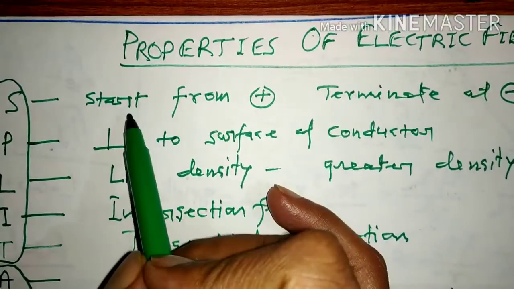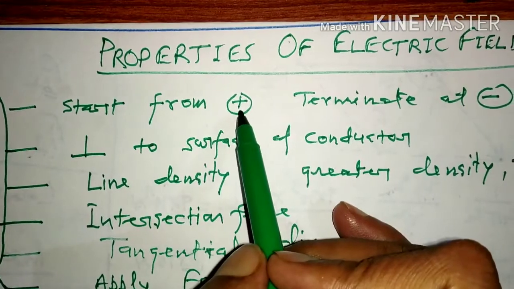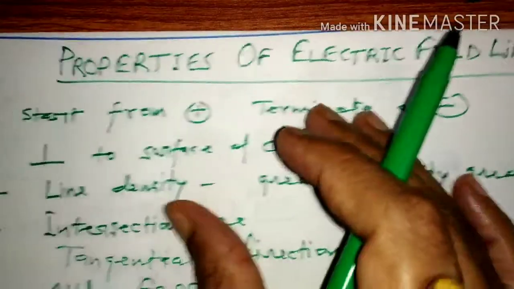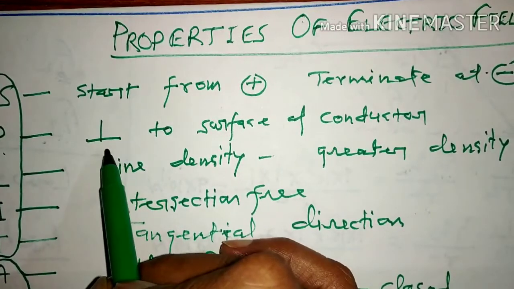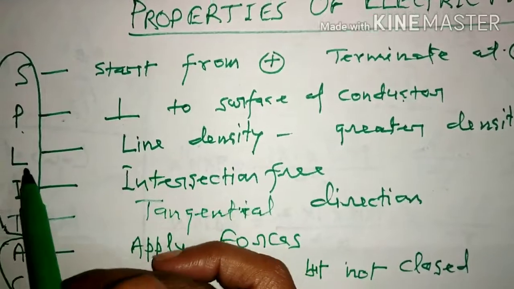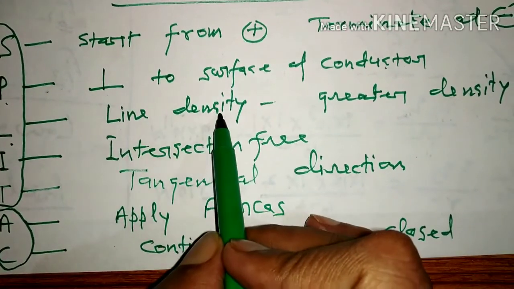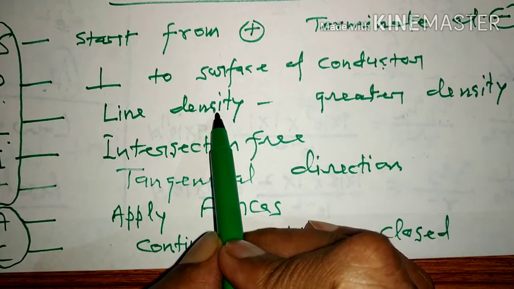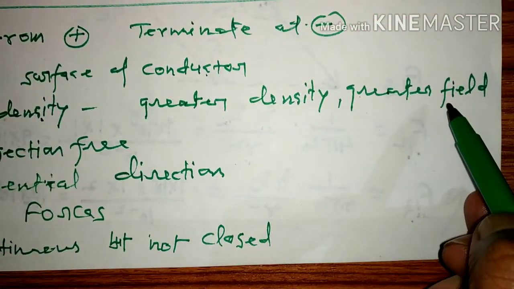S stands for electric field lines start from positive and terminate at negative. P stands for electric field lines are perpendicular to the surface of a conductor. L stands for greater the line density of electric field, greater the electric field strength.